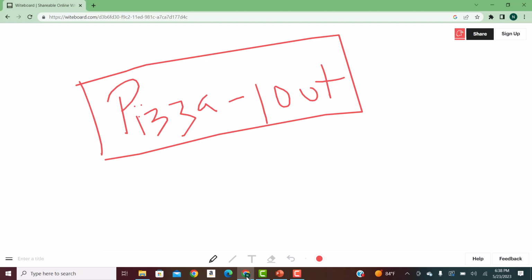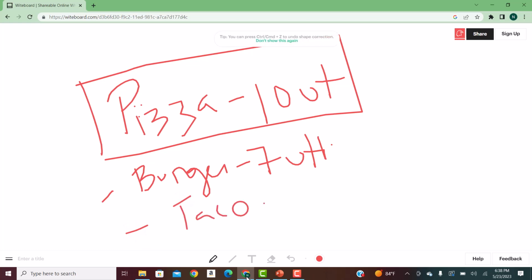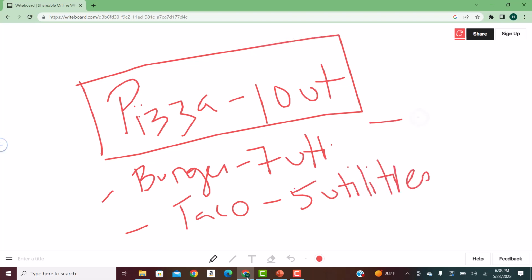Now, what were the other two choices? We had burger for 7 utilities, and then we had taco for 5 utilities. These are the two choices that we are giving up, correct? We're giving up burger, we're giving up taco.